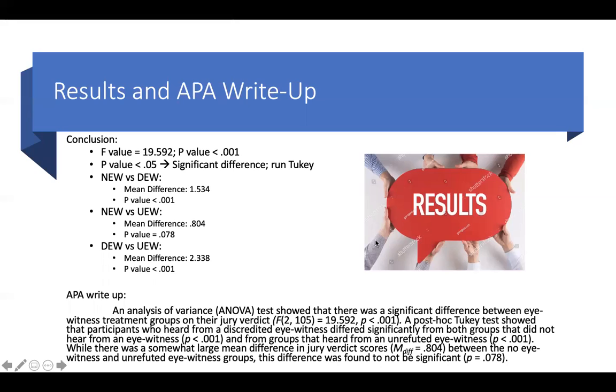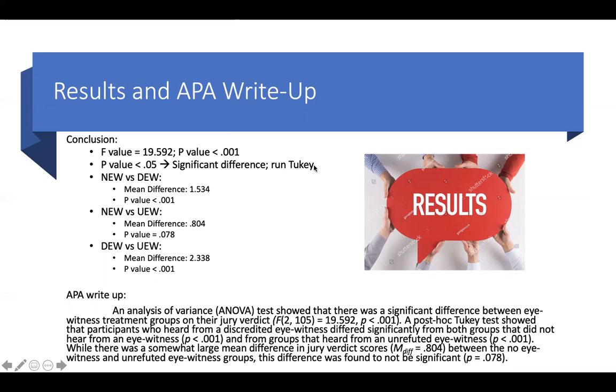Okay, so when you get to the results, the important things for your write-up are the F value, which is like the ANOVA test statistic, and the p-value, which was less than 0.01. This was when we ran the ANOVA. Any p-value that's significant, so less than 0.05, you should run the Tukey post hoc test.